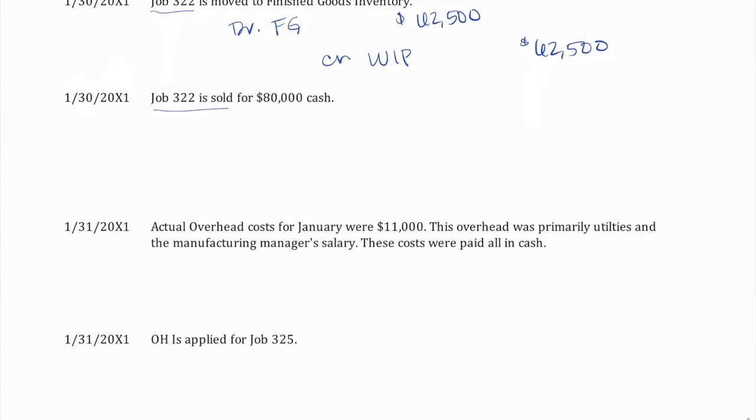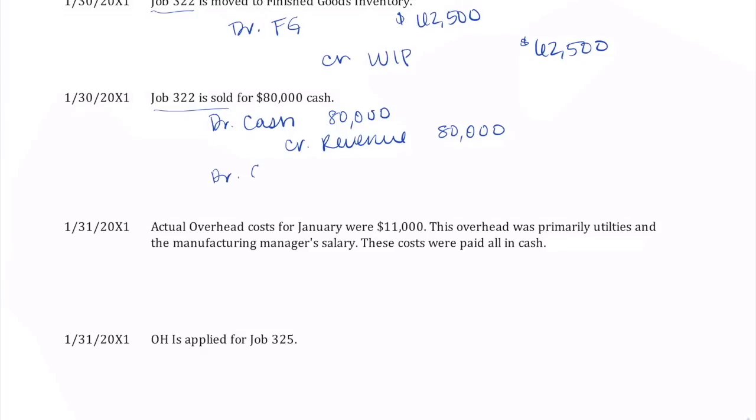Next, the job is sold for $80,000 cash. You've seen this entry in accounting 1, and now we're just going to go for it again. So cash goes up by $80,000. We call that sales revenue, $80,000. We need to record the reduction of inventory.